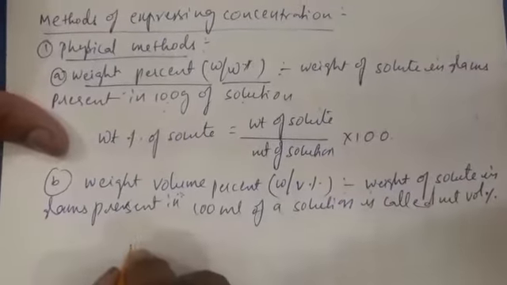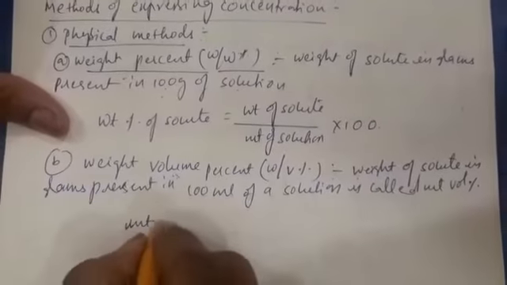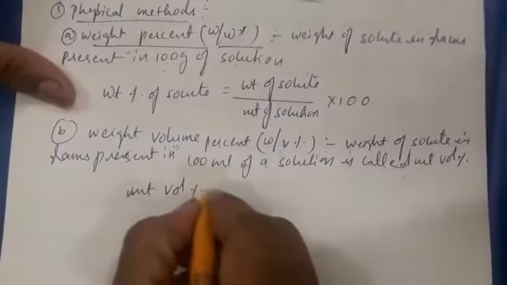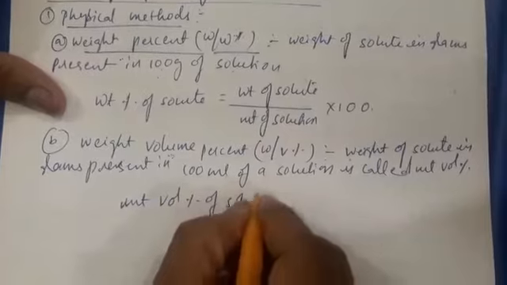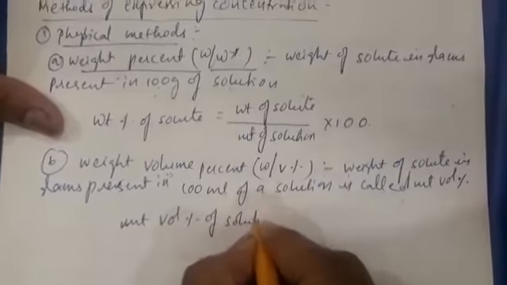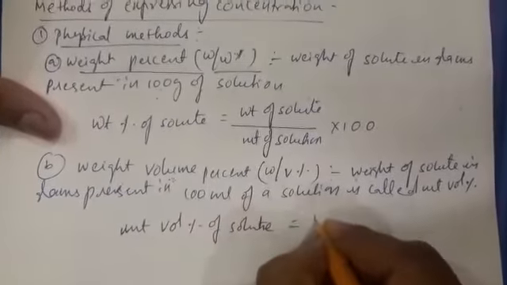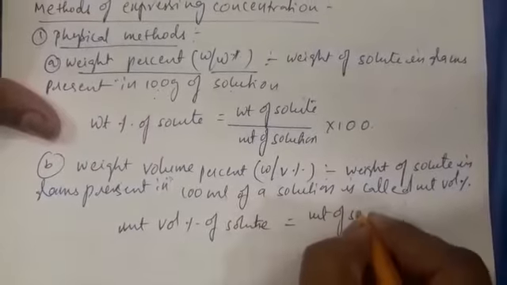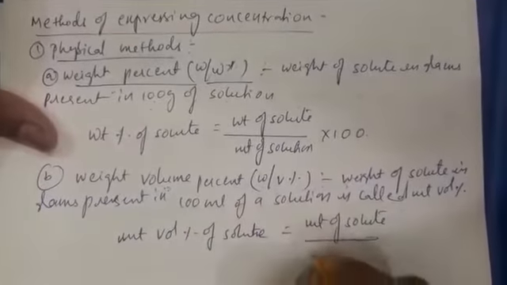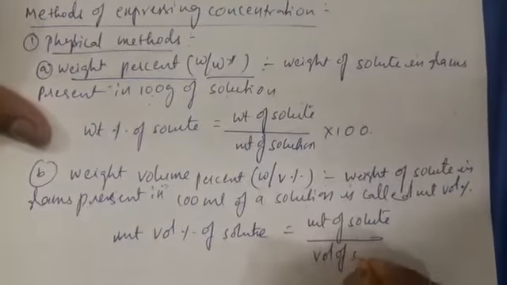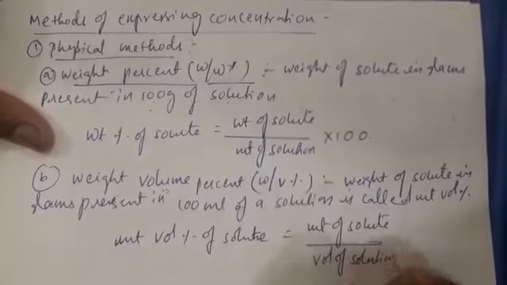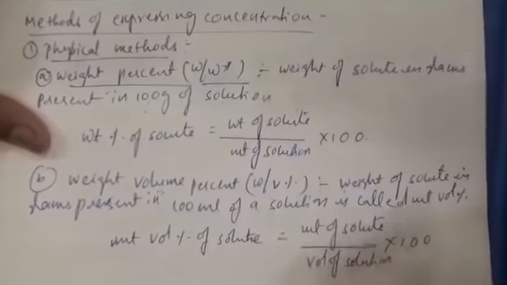So weight volume percent of solute is equal to weight of solute by volume of solution into 100.